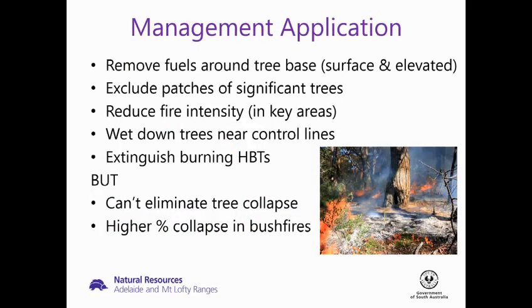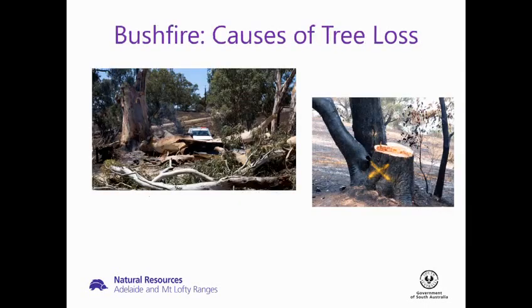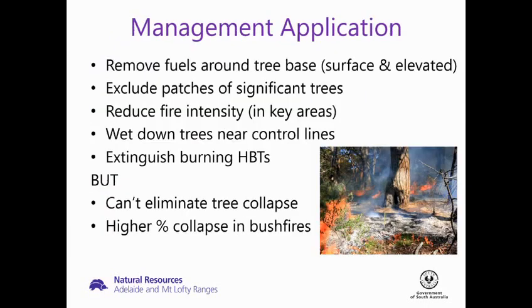So management application, for those of you involved in fire management, these are the things that we've found overall reduce our collapse rates. Firstly is removing fuels from around the base, excluding patches of significant trees. Often we find that they are in clumps, possibly as a result of areas that haven't been logged.